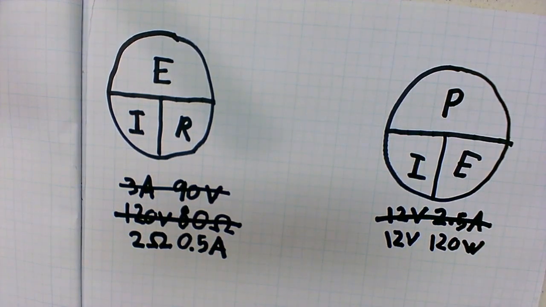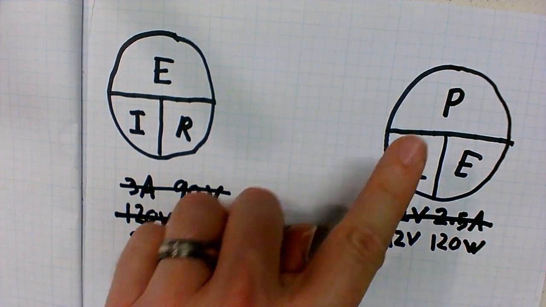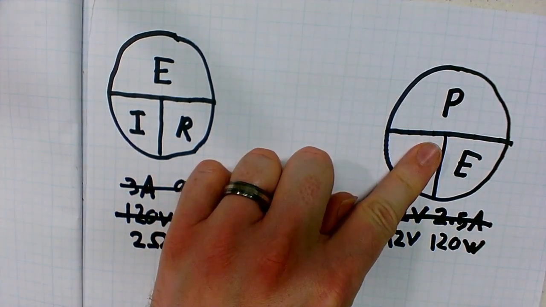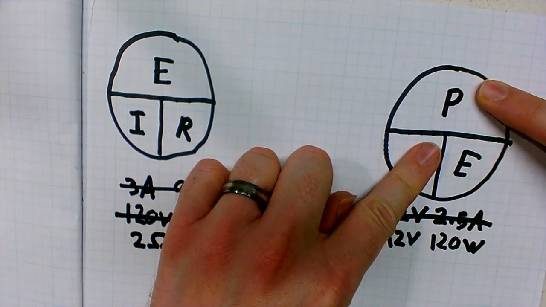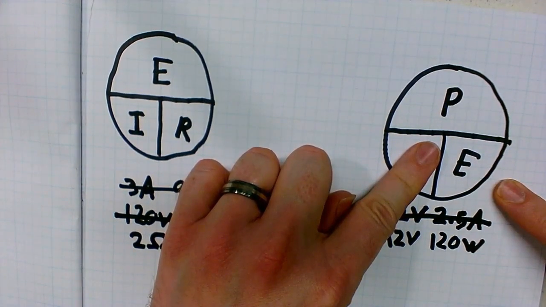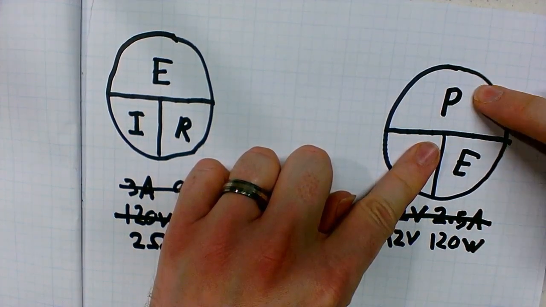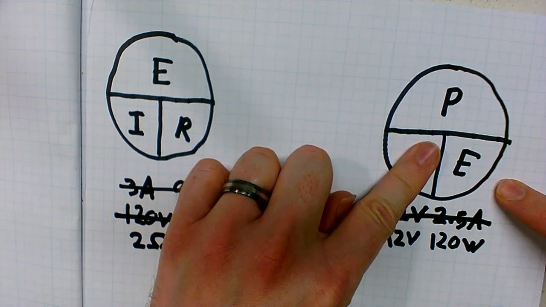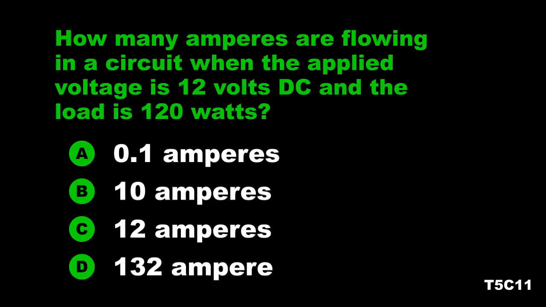I believe we're going to put our finger on the I. Boop. What's here for P? It's 120 watts, divided by 12 volts. So what's 120 divided by 12? Would it be B, 10 amperes? Good job.